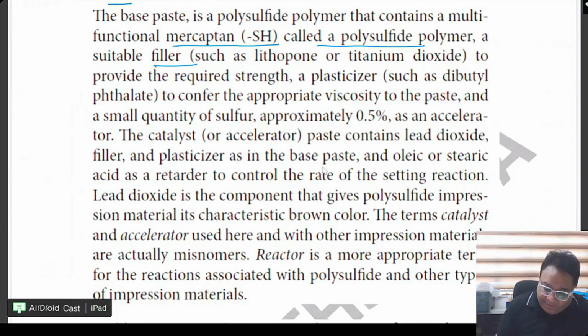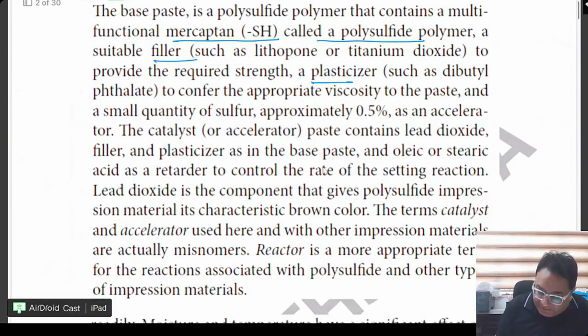The filler is providing strength. Plasticizer is dibutyl phthalate. The same is a plasticizer in denture-base resin also. We have seen in last class. What is the role of plasticizers? To confer the appropriate viscosity. Small quantity of sulfur, approximately 0.5%, acts as an accelerator.